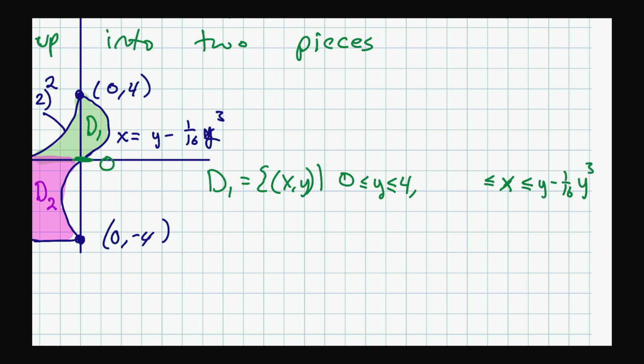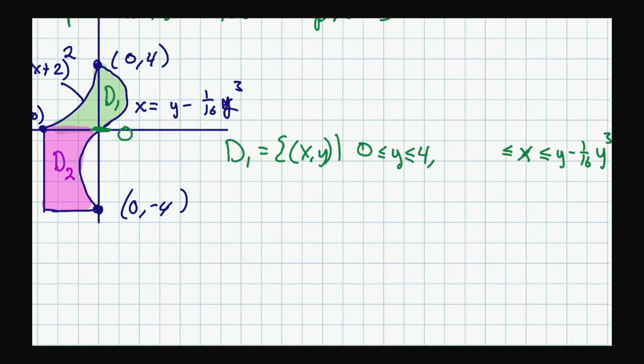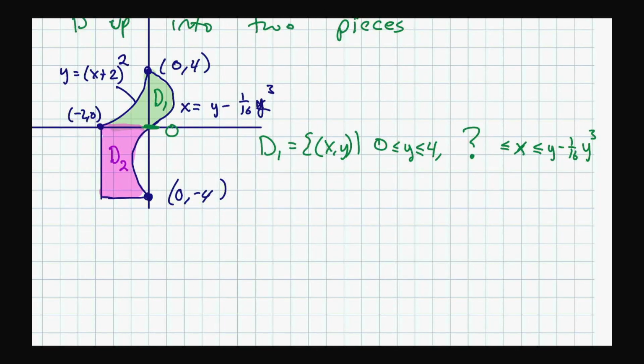But the other side, it needs to be x equals, and we don't have that yet. I'm just going to leave that blank because it's this curve, but this is not solved for x, so we can't use it yet. Okay, so we'll leave that blank for the moment.